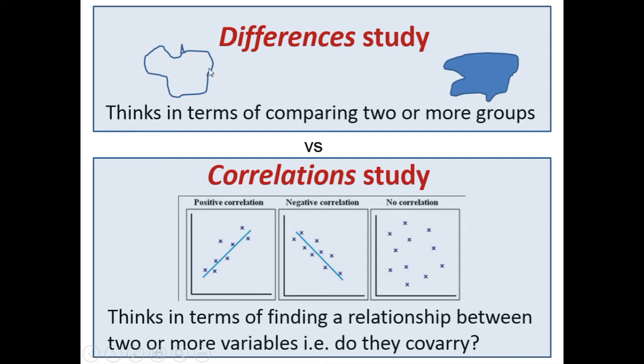Similarly, it can be between countries, for example countries with a high growth rate compared to low growth rate countries, and whether they are different in terms of performance in other areas. That can be a differences study. And at times it can be for the same group but done twice at two different times.